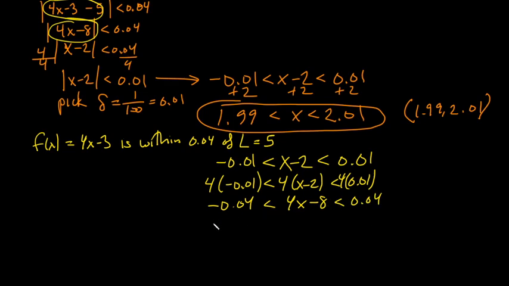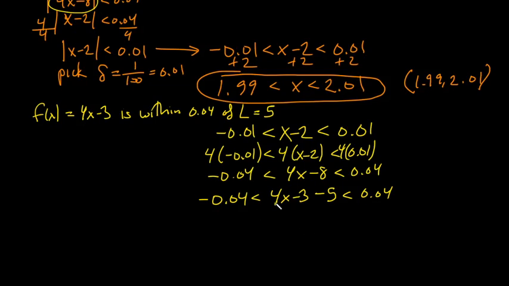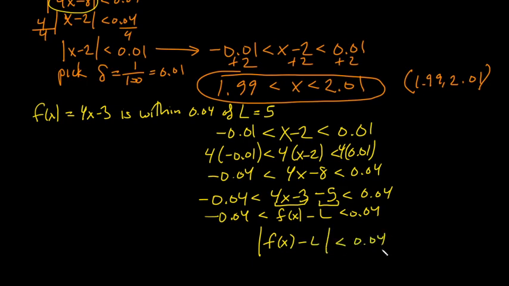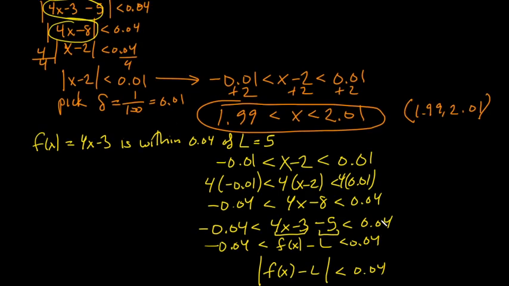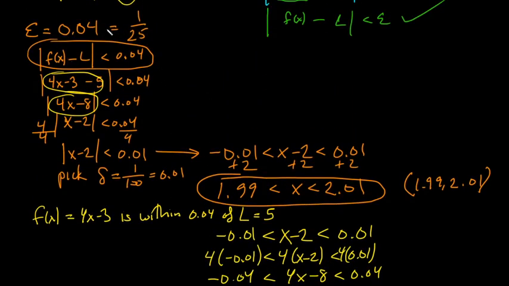And now I just split this up into the f of x. Remember, f of x is 4x minus 3. And to get negative 8, I need to subtract another 5. So this is my f of x minus L, and it's between negative 0.04 and positive 0.04. And all that means is that in absolute value, my f of x minus L is less than 0.04. And that was my original choice. I chose my epsilon to be 0.04.